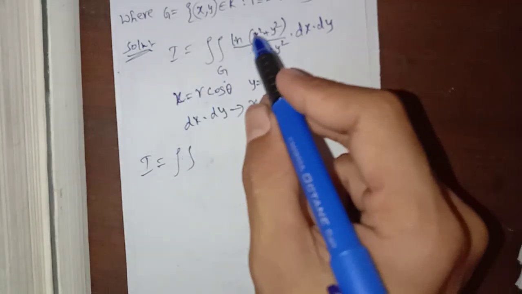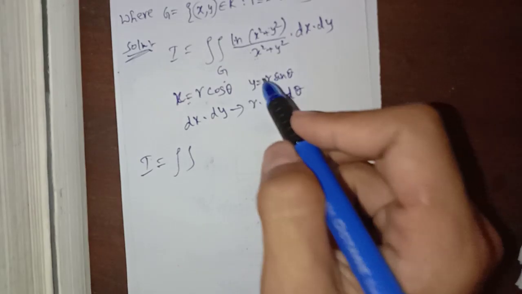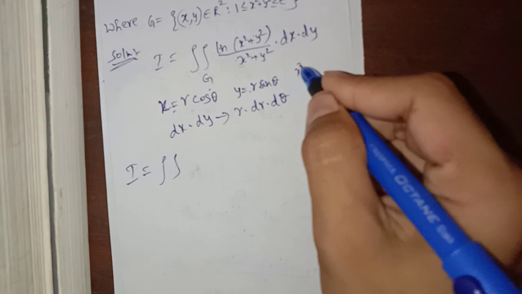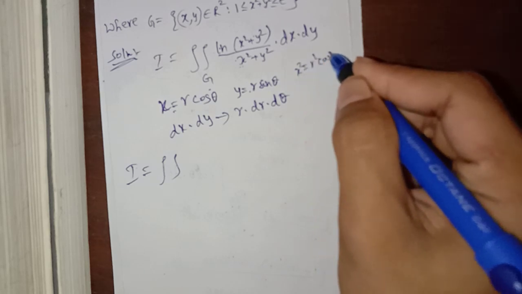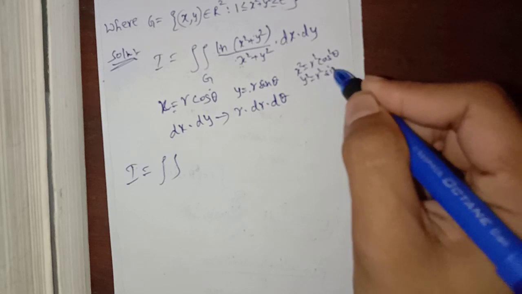what is x square plus y square. If x is equal to r cos theta and y is equal to r sin theta, x square is equal to r square cos square theta and y square is equal to r square sin square theta.